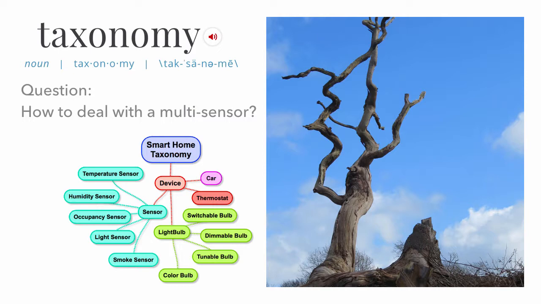Now, you could come up and say, let's create a category for any kind of combination, but that very quickly becomes much too complicated, and it isn't even clear where exactly this new category for this combined sensor would fit. Is it a parent category of a humidity sensor? Is it a subcategory? Or how would you deal with that?